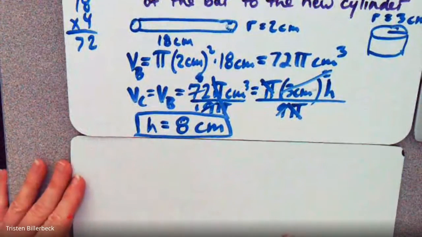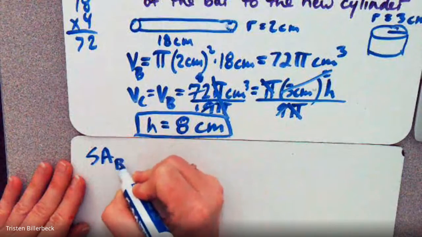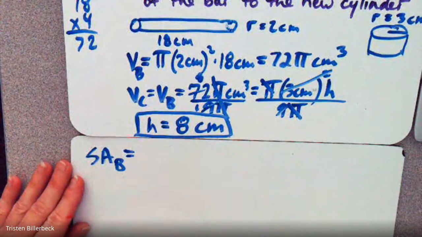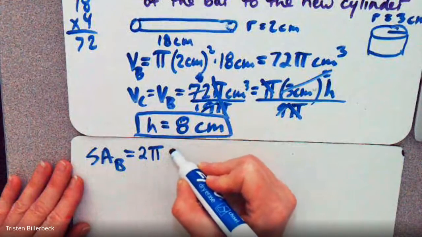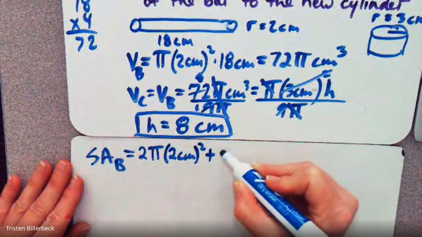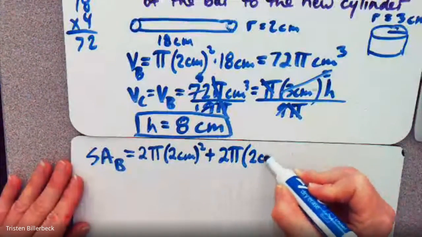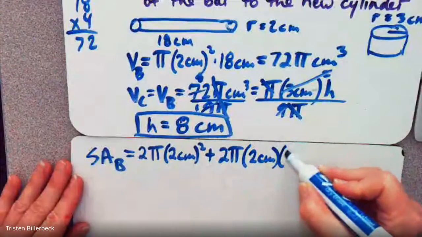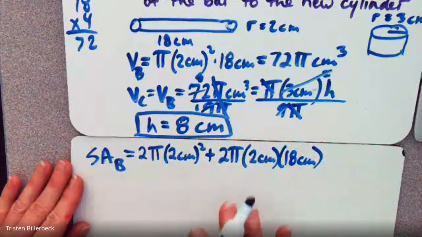So let's do the surface area of the bar. It equals twice the base area, so 2 pi times the radius, 2 centimeters, squared, plus the circumference, 2 pi r, which is 2 centimeters, times the height, 18 centimeters. Let's pull the 2 pi out.